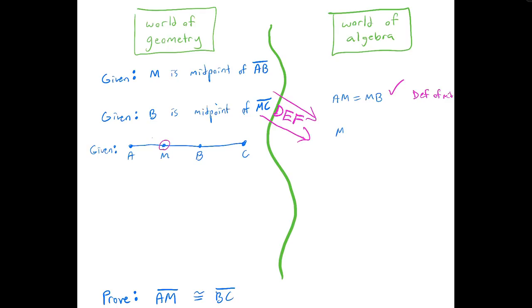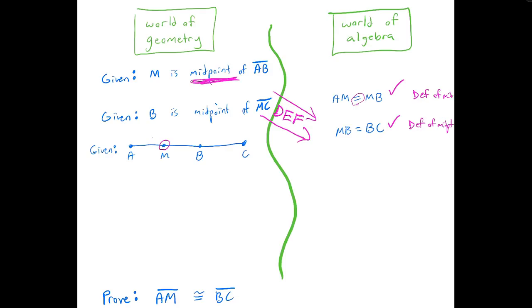So we go, oh, well, that means MB equals BC. And again, what let us get from a word over to algebra, equality? That was the definition that traveled between the world of geometry and math or algebra. So we can say, yeah, we know that's true by, again, the definition of the midpoint, okay?